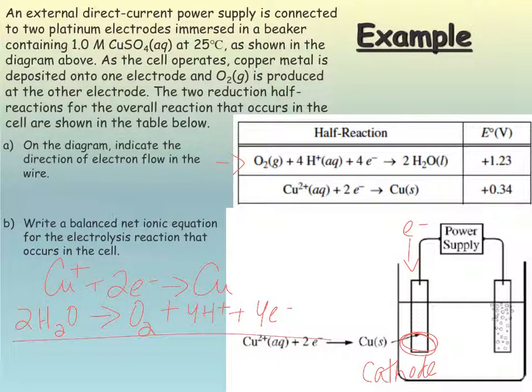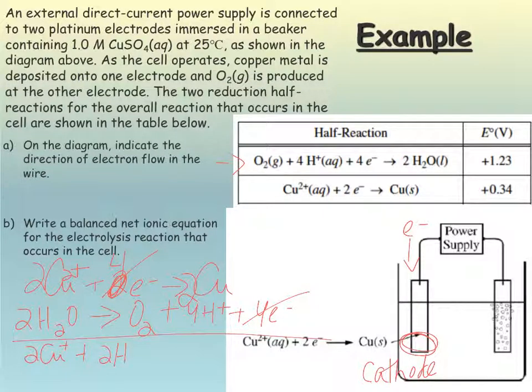Our atoms are balanced, but our charges aren't, so we're going to have to multiply this one by 2. Now we can cancel our electrons and write our final equation. So 2Cu2+, oh, and this was a 2 plus. My bad, guys. Watch for the details, right?